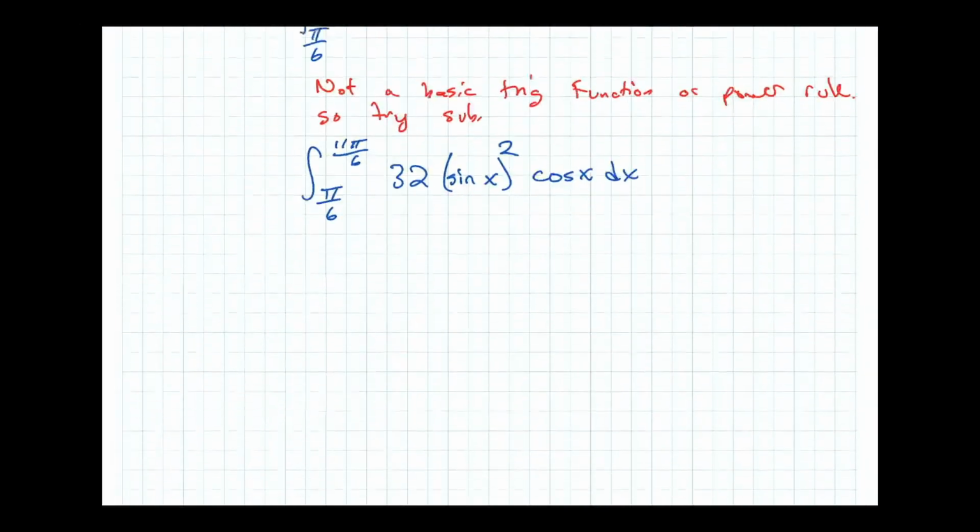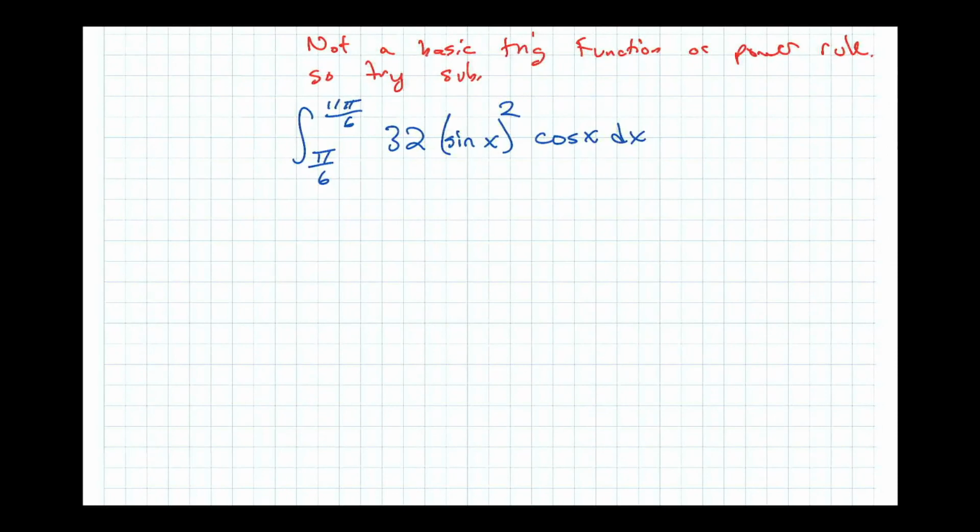Okay, now when you're doing substitution, your general choice for doing a u substitution is that the inside function should probably be u. Usually, the inside function is u.